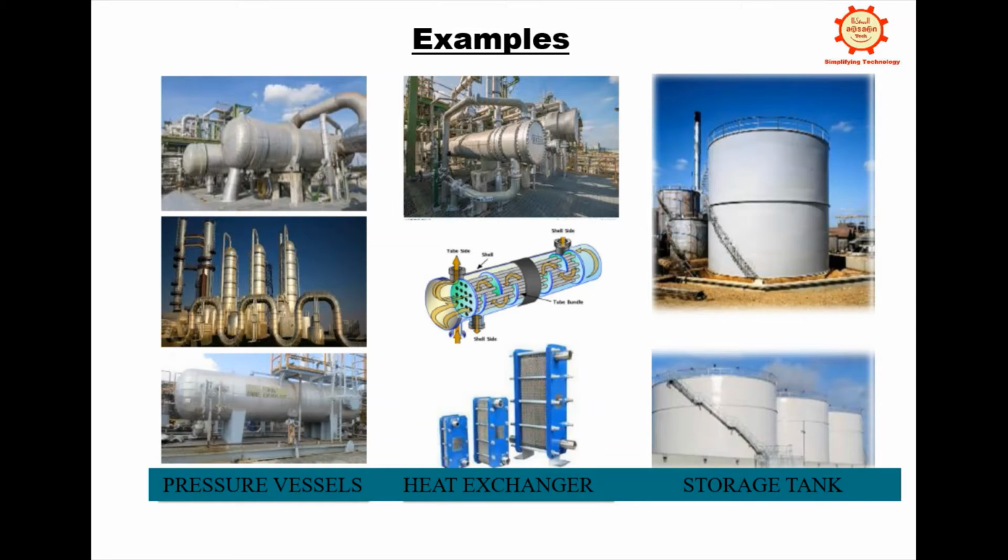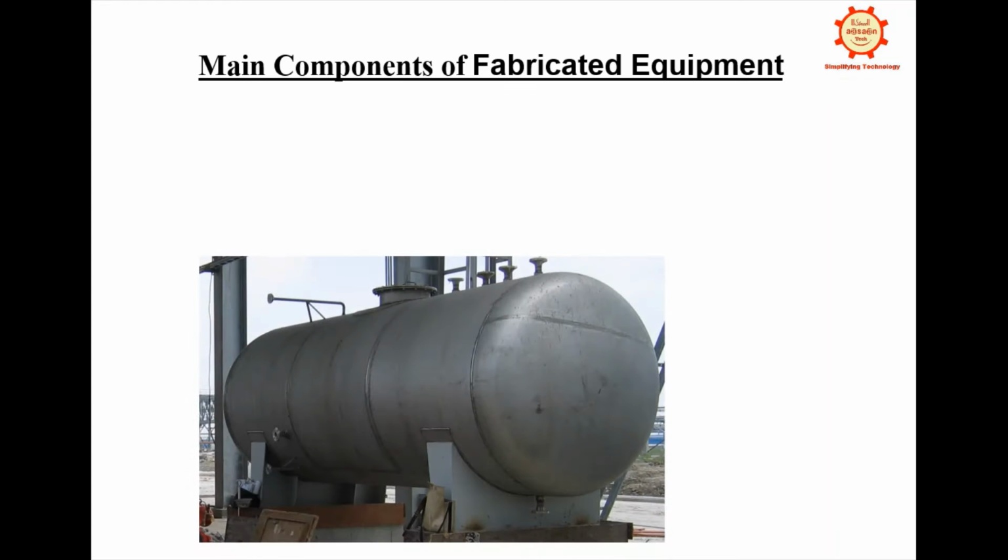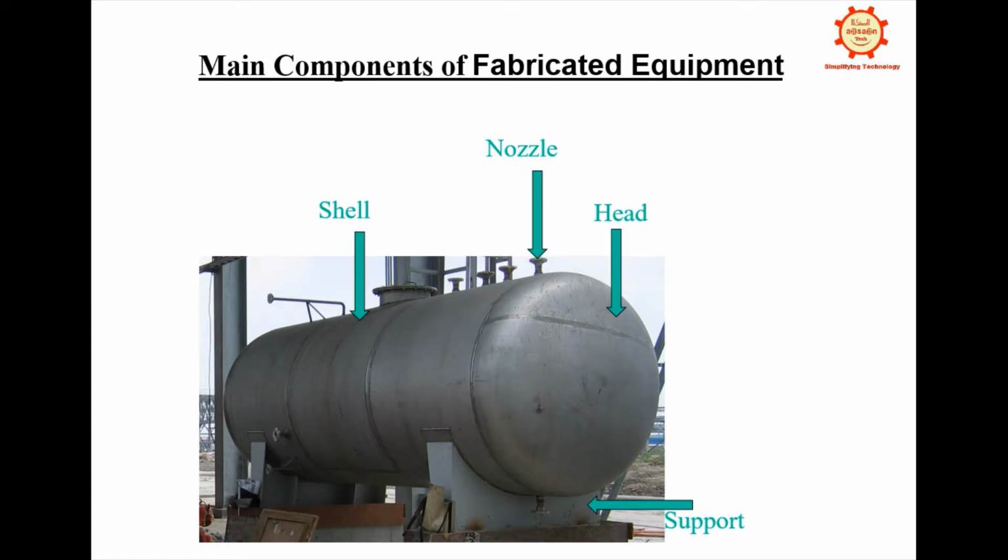So in fabricated equipment, there are some main components. One is the shell, another is the head, another is the nozzle, and another is the support. These are the main components of these fabricated equipments.